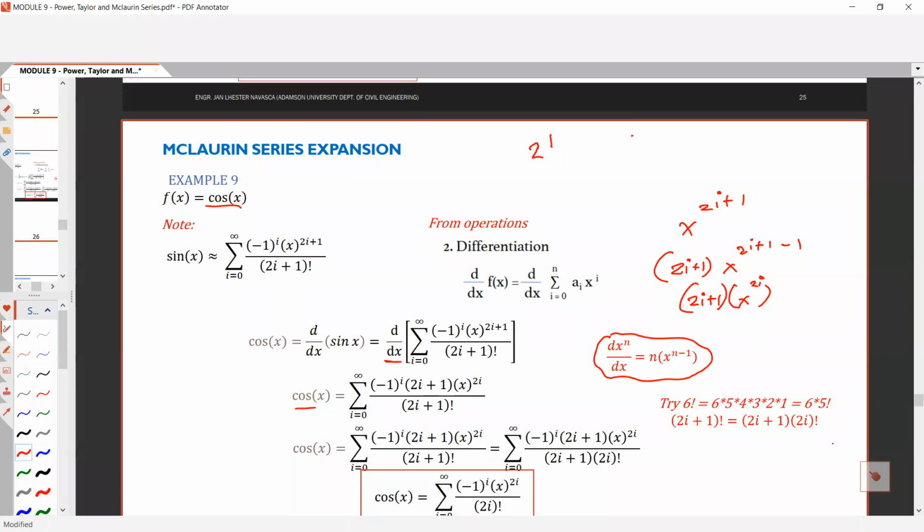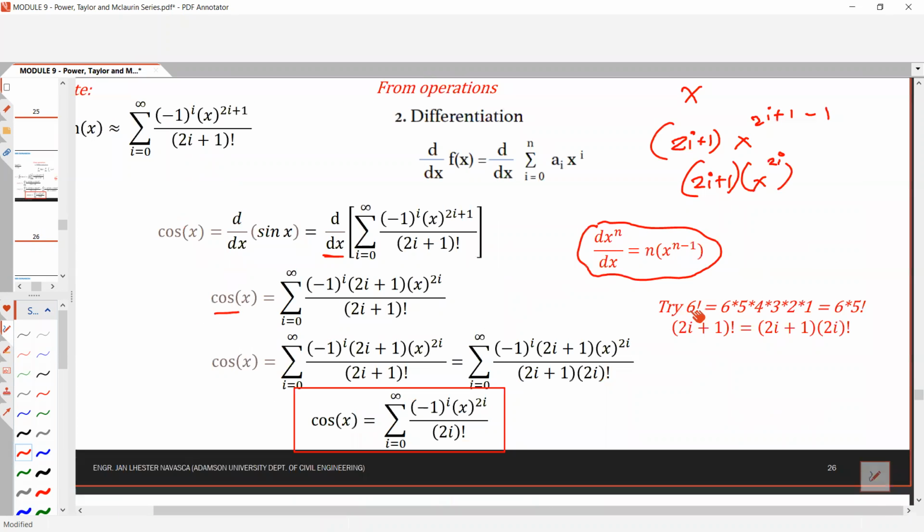Ito, sorry. If you try 6 factorial, 6 factorial is simply 6 times 5 times 4 times 3 times 2 times 1. Tama? Okay. Pwede mo siyang i-rewrite as 6 times 5 factorial. Tama ba? 6 times 5 factorial.